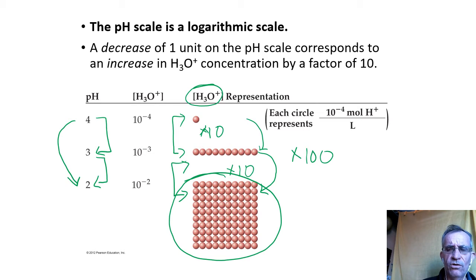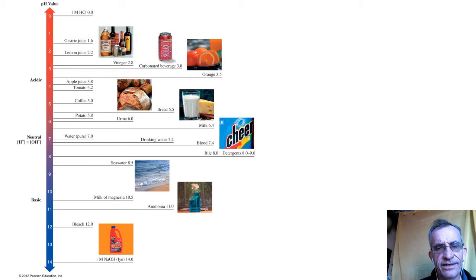All right, let's take a couple other things I want to point out to you. What are some pHs of some things around your house? Well, again, if you have a pH between 1 and, well, up to 7, I guess we'll call it 6.9, you're acidic. The closer you are to 1, the more acidic you are.